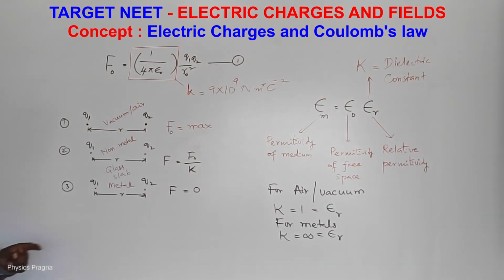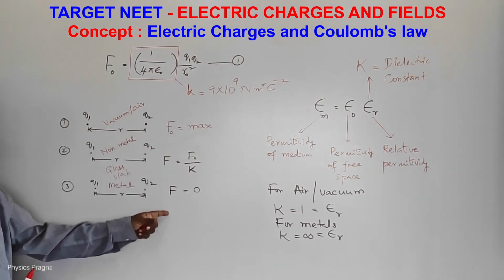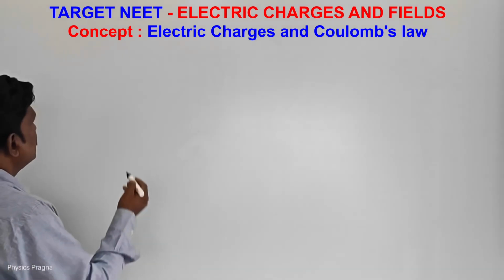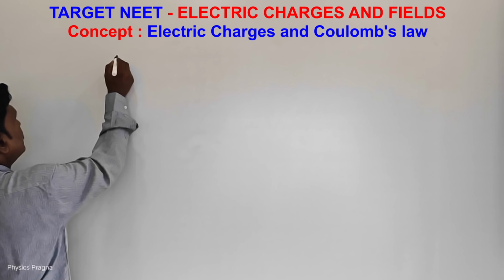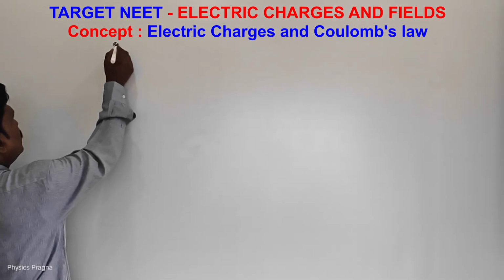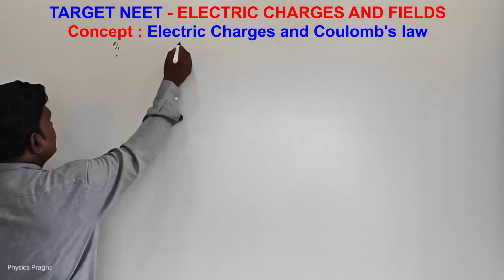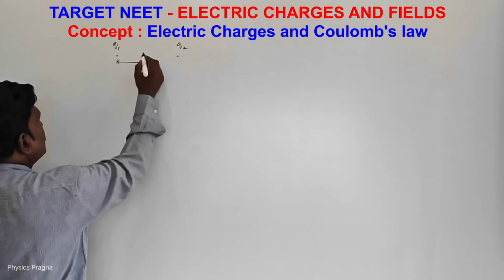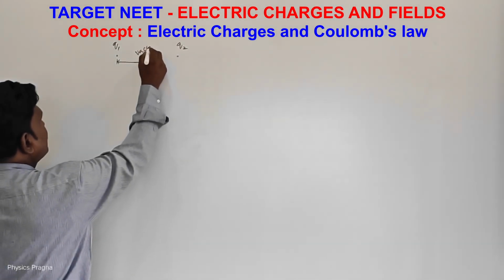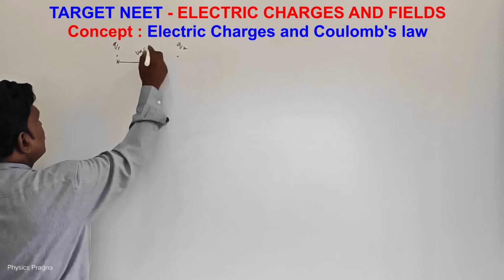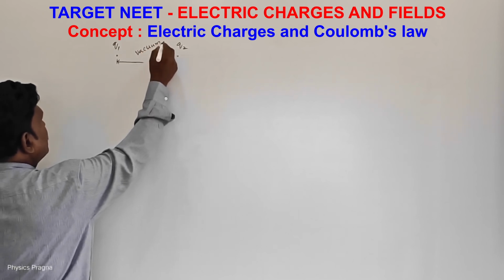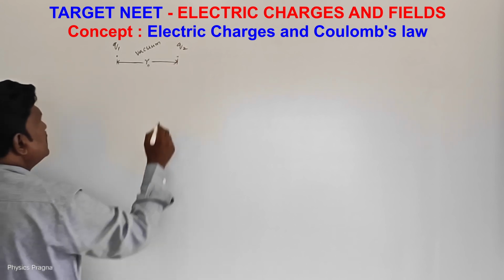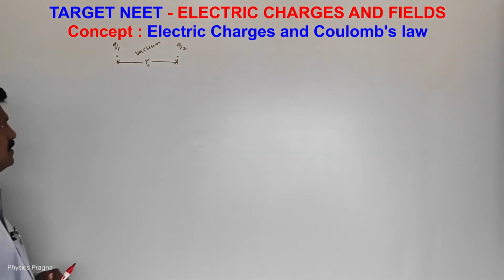Like this, the force between the charges changes with the medium between them. Suppose, for example, Q1 is the charge, Q2 is the charge, between them vacuum is there. So the distance I have written as R naught.